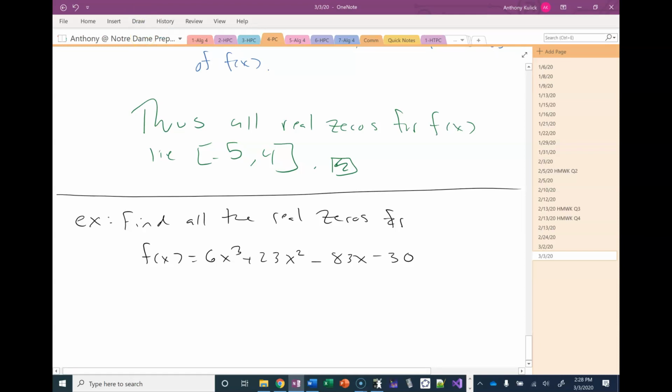So what I'm going to hope to do is make a list of the possible rational zeros, try to find one of those that works via synthetic division. It'll give me a remainder 0, so that I can break this down into a linear term from the synthetic division times a quadratic term, the quotient of that polynomial division, and then I can set each of those equal to 0 and solve, and the quadratic is easy to solve because I can just use the quadratic formula or something on it.